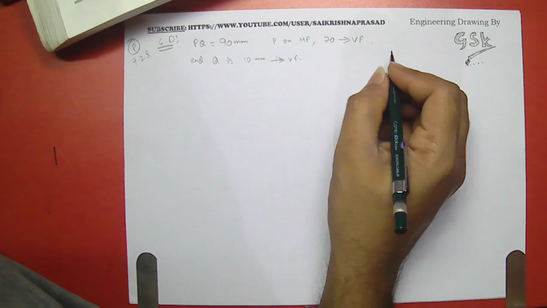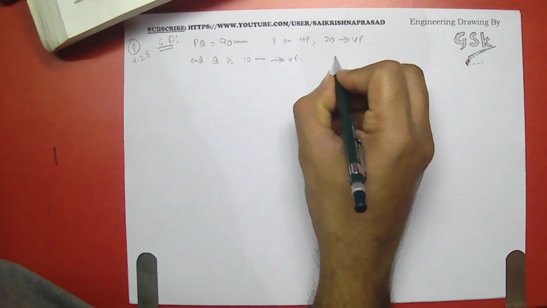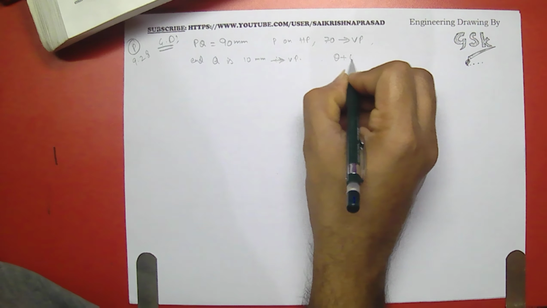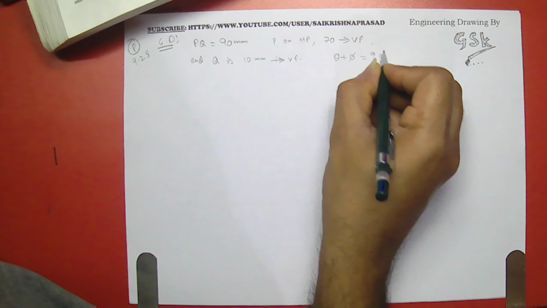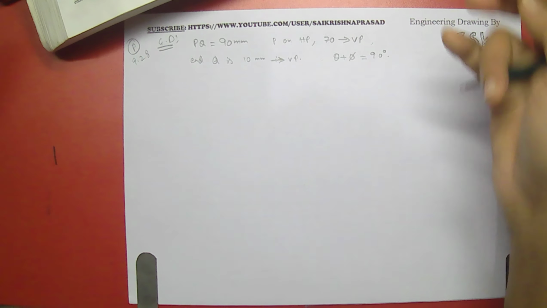Draw the projections when the summation, that is theta plus phi, equals 90 degrees. So let's start the problem.